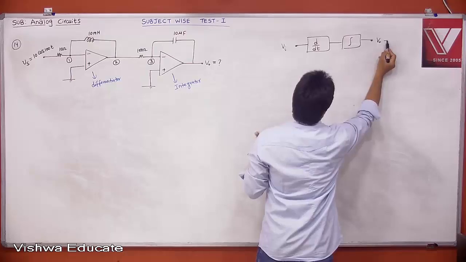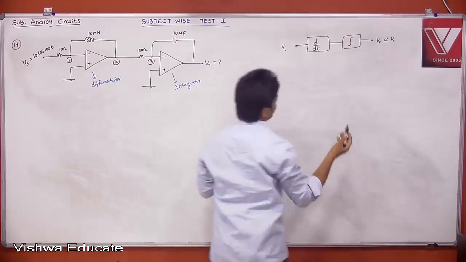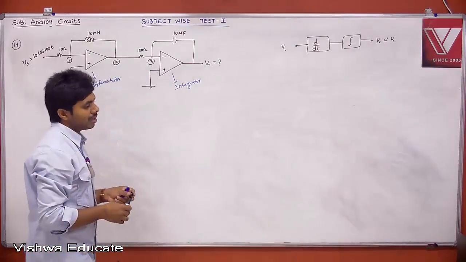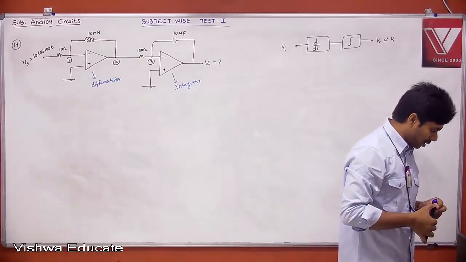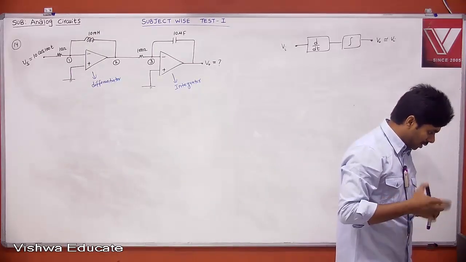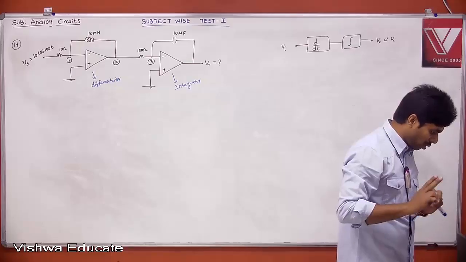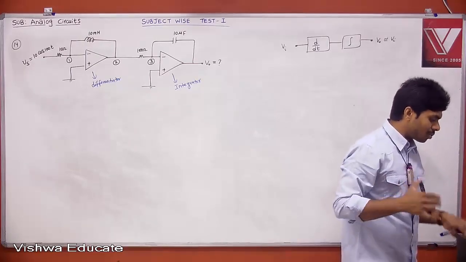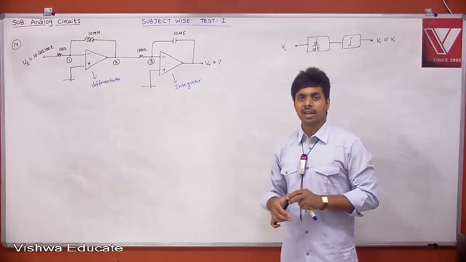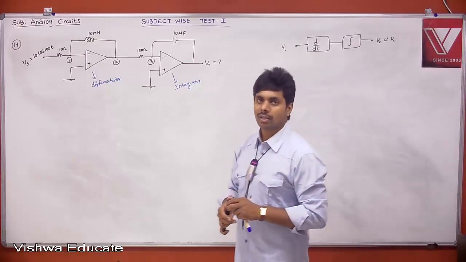Your V0 will be equal to Vi only with some gain change. By seeing the options, B has integration, C also has integration, D also has differentiation. Without any differentiation or integration of your input is option A. Actually, the answer is A. But let us solve it.